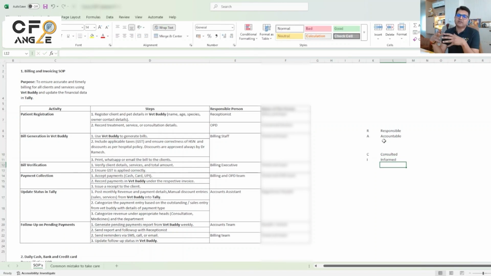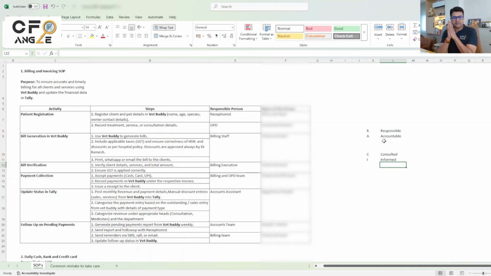This RACI also helps tell you who is going to do what in terms of the complete process. I'm not sharing the RACI for this customer, but you can always understand how the SOPs are developed by the CFO Angle team, and those are helpful for customers to implement in their day-to-day process.